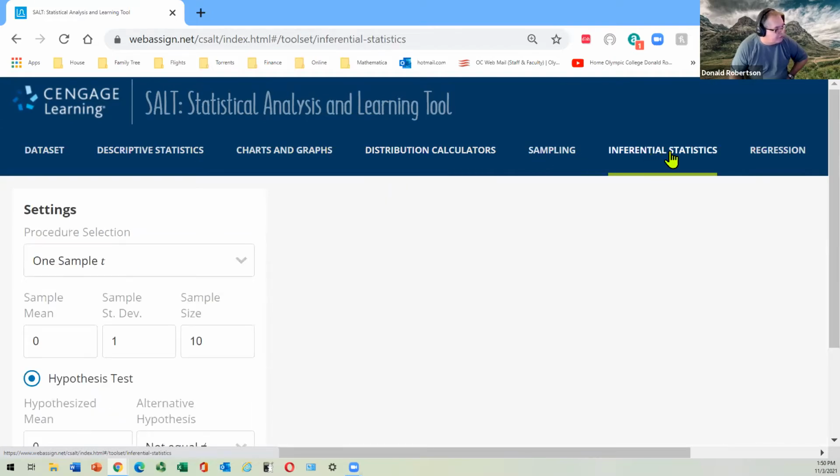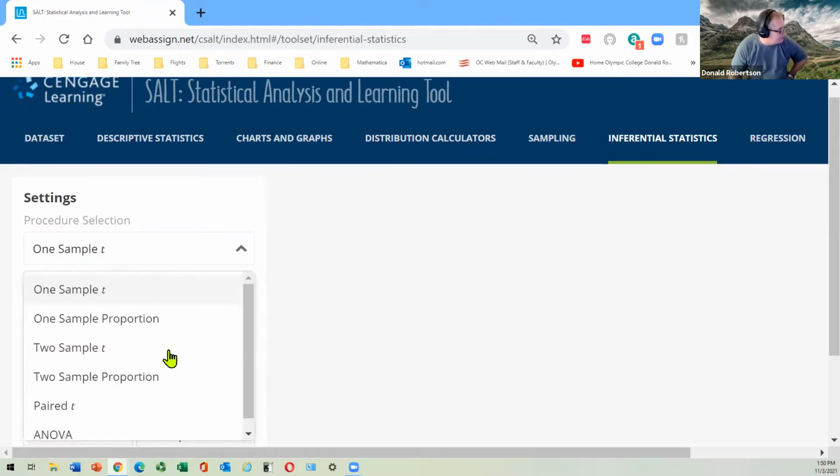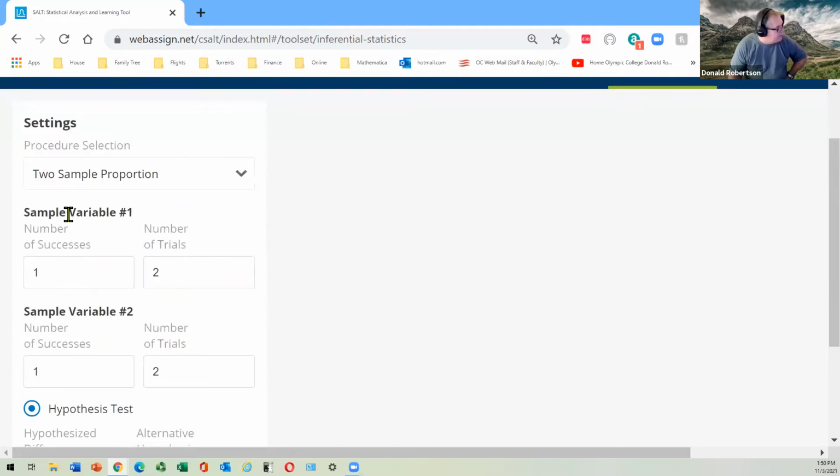In inferential statistics. Do you see inferential statistics, my little mouse on it? That's the guy you pick. Now you click on this one and you see two sample proportion, right? Click on that. Now, number one was the morning people, and that was 265 out of 500.